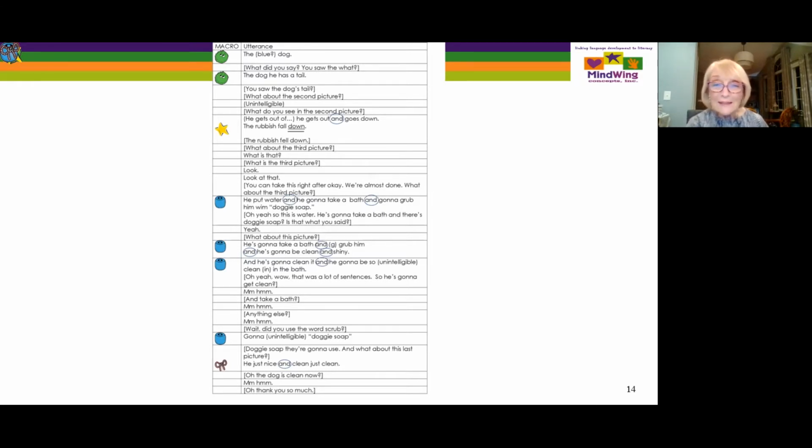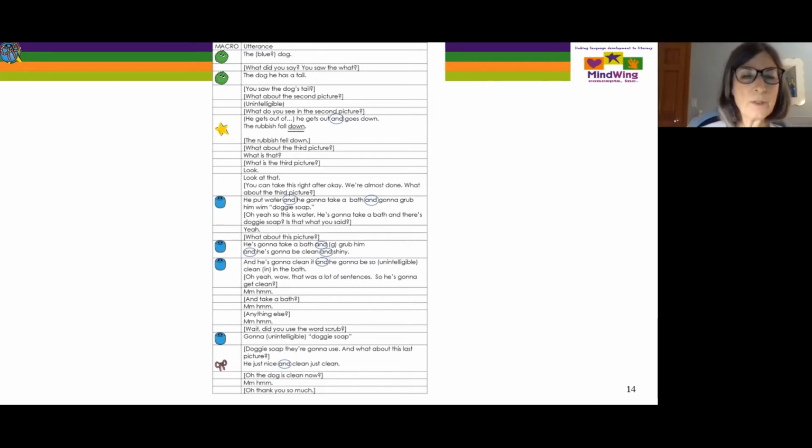So anyway, Linda typed these into the forms, and then we worked together to analyze them for the macro and the micro structure. And Linda, were you going to talk about this page? Sure. What I do is I find it's easier to put the utterances in a table, and then it's easier to cut and paste the MindWing icons. I just find it easier to do it that way.